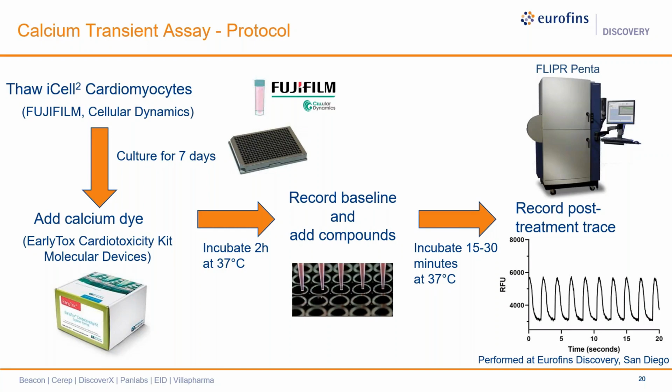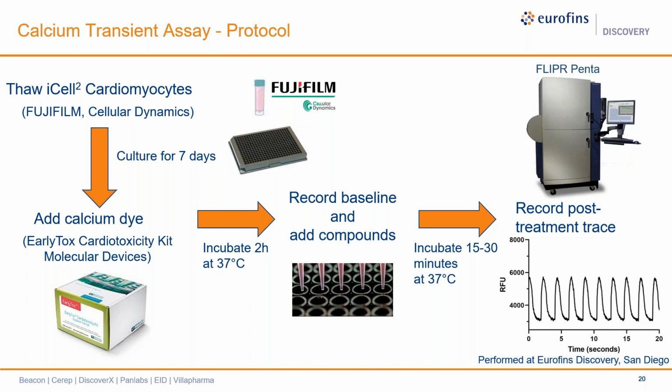The protocol that we are using for the Flipper assay is very similar to the MEA assay. Again, we obtain the cardiomyocytes from Fujifilm Cellular Dynamics, and we plate the cells directly into the assay plates that we are using then to capture the fluorescent calcium signal. 7 days after culturing the cells, we add the calcium dye to the cells, and this dye is provided in a kit from Molecular Devices.